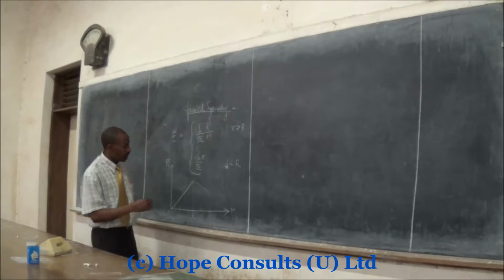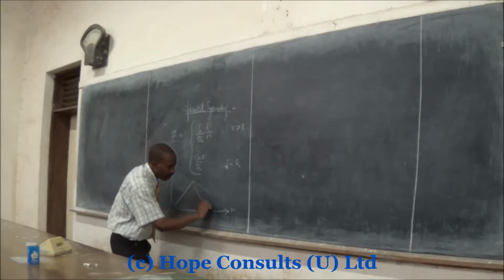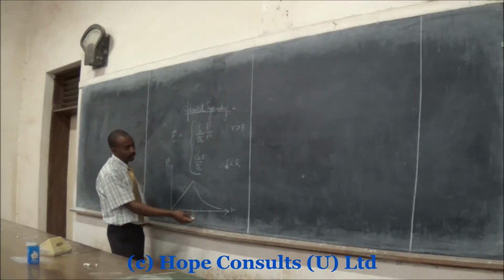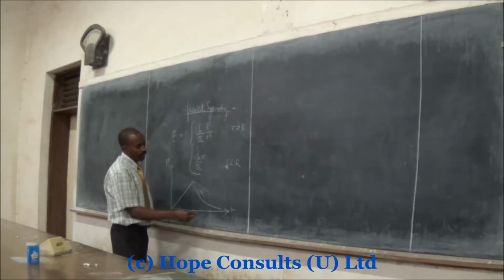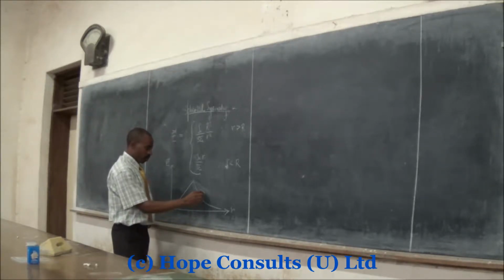So we got this forming an asymptote, almost joining the r-axis. This was our 1 over r squared.